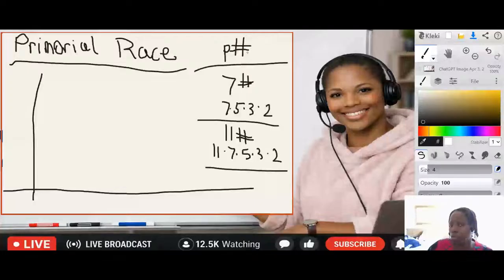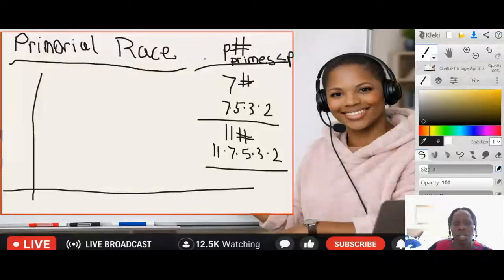So P is a prime number, and a primordial is the product of all the prime numbers less than P. I'm going to put an asterisk: multiply primes less than P. That's what a primordial is by definition.